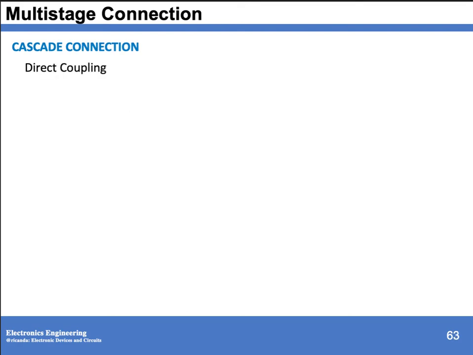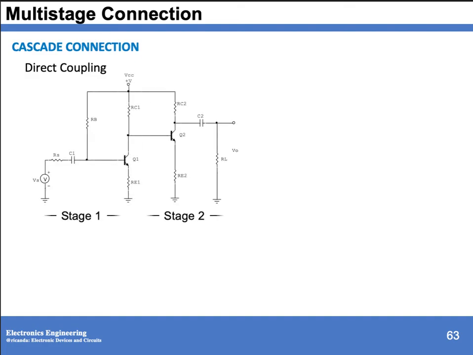For the direct coupling bias, we have this circuit, stage 1 and stage 2. Between stage 1 and stage 2, the output of your stage 1 is connected directly to the input of your stage 2.